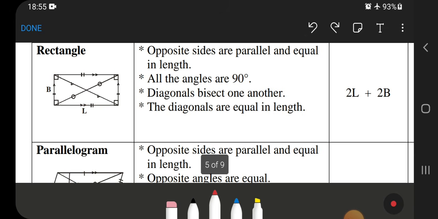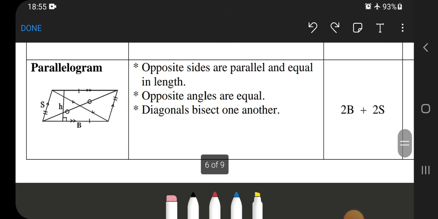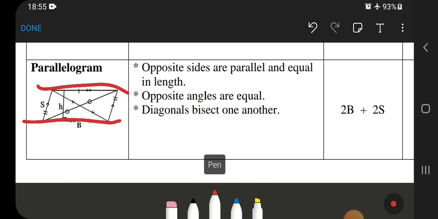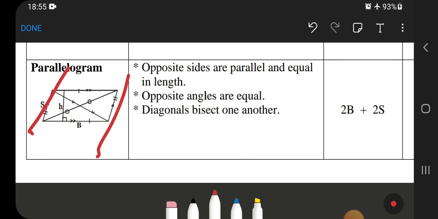And then let's look at parallelograms. Opposite sides are parallel, so these ones are the only parallel ones. And so you will find co-interior angles here, and you will also find your Z in there, okay? And then these ones are also parallel, so you can find co-interior angles and the Z in there.